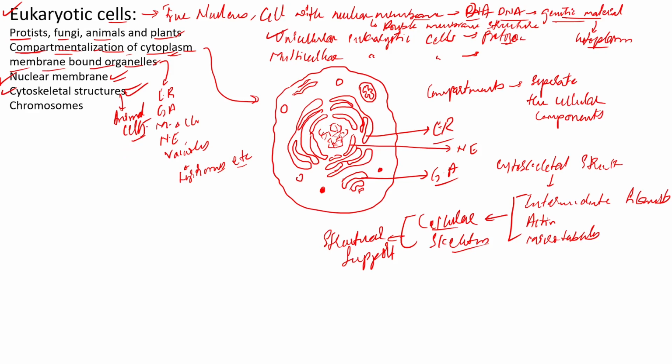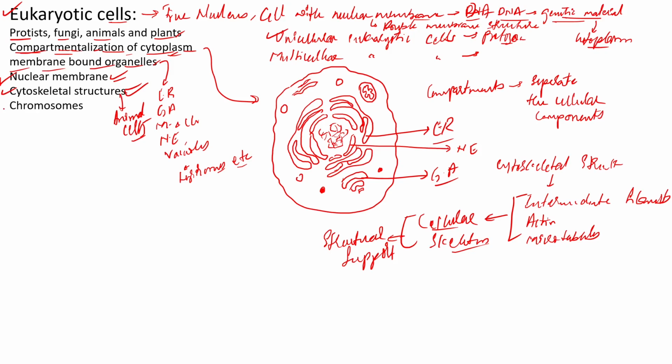But animal cells have no such structure, so for proper shape, structural support and motility, the cytoskeletal structures play a very important role. So we can say that their function is more pronounced and more clearly observed in animal cells than anything else.